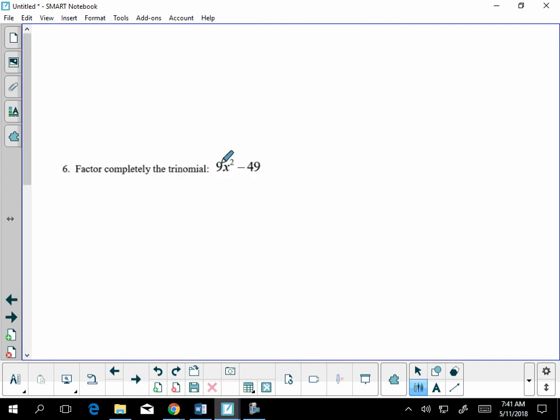This one is a perfect square. So right there, perfect square. Remember, a perfect square is something times itself. So 3 times 3 gives me 9. And 49 is a perfect square.